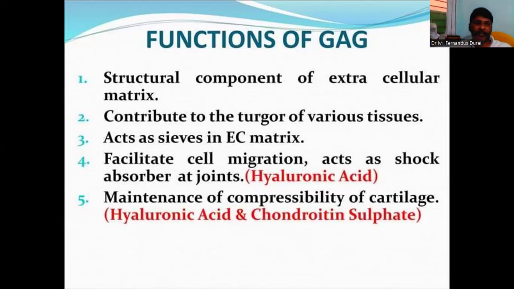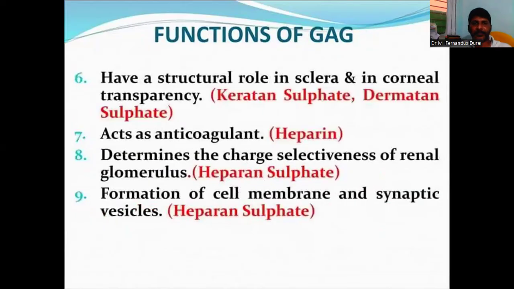And they maintain the compressibility of cartilage, through hyaluronic acid and chondroitin sulfate. They have a structural role in the sclera and in corneal transparency, through keratan sulfate and dermatan sulfate, and they act as anticoagulants.